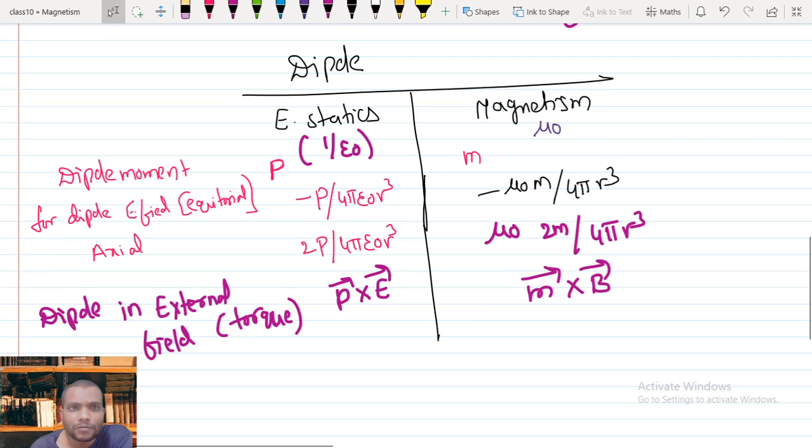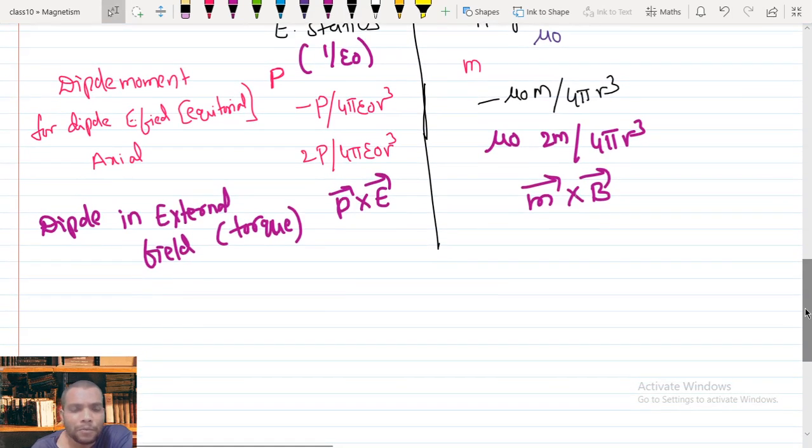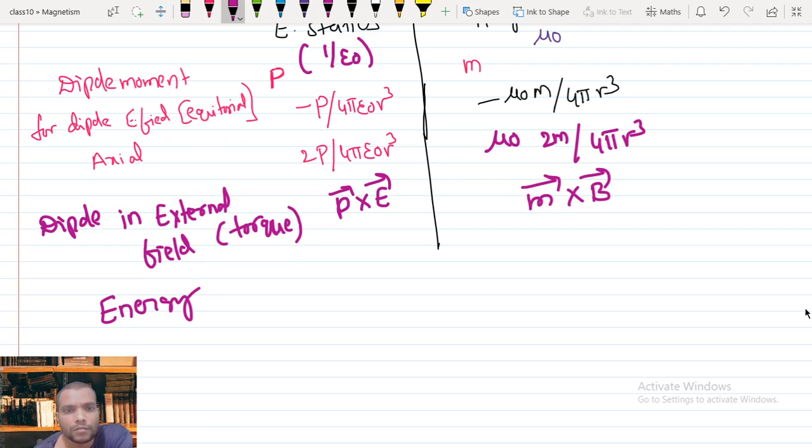Not only that, a dipole in an electric field also has potential energy. So the concept of energy comes for a dipole in an external electric field or magnetic field.